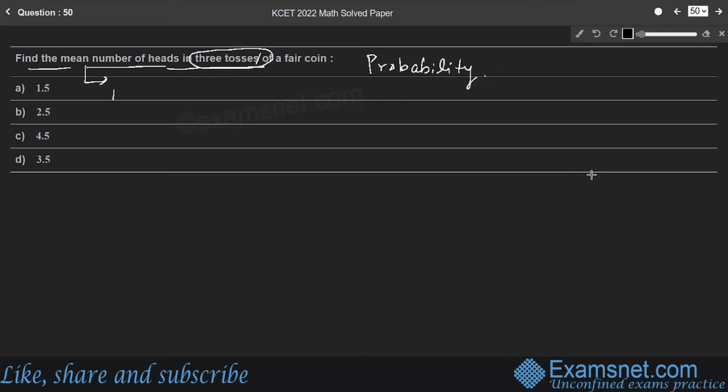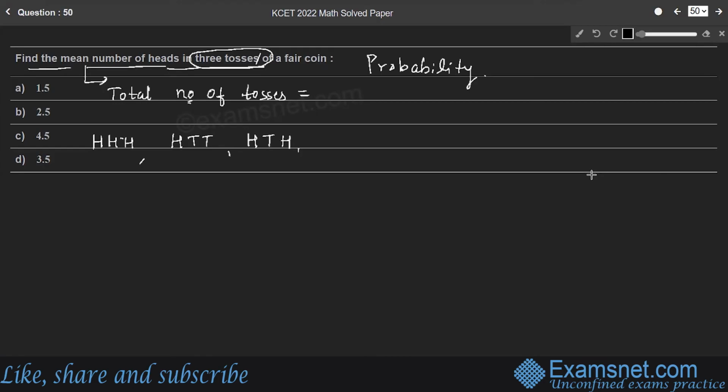So here, the total number of tosses in which you get head at least once: when you toss a coin, all 3 times you may get head, or one time head, 2 times tail, or first head, next tail, and third head, HTH.